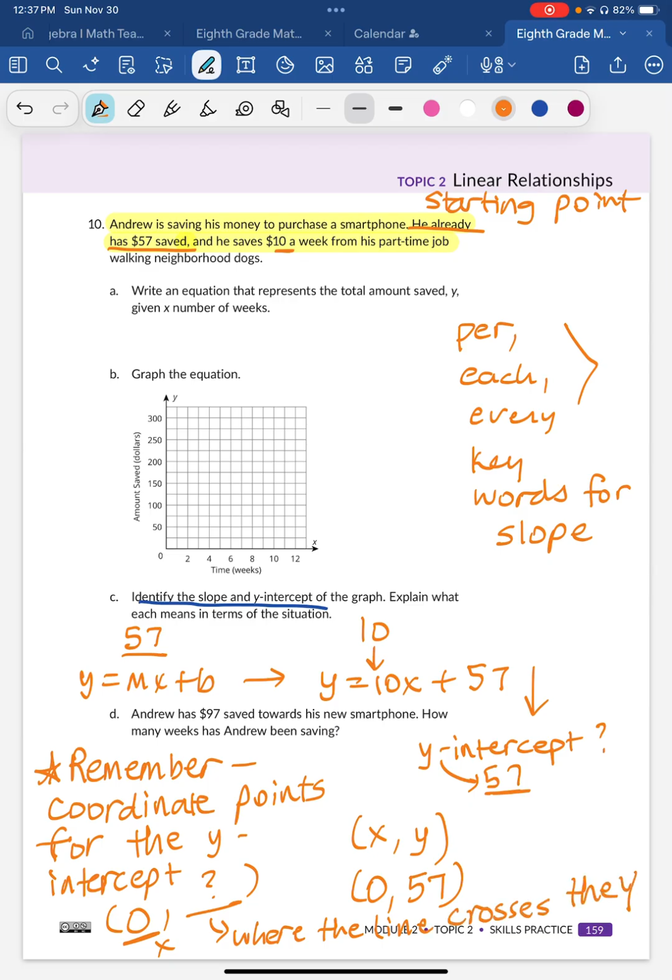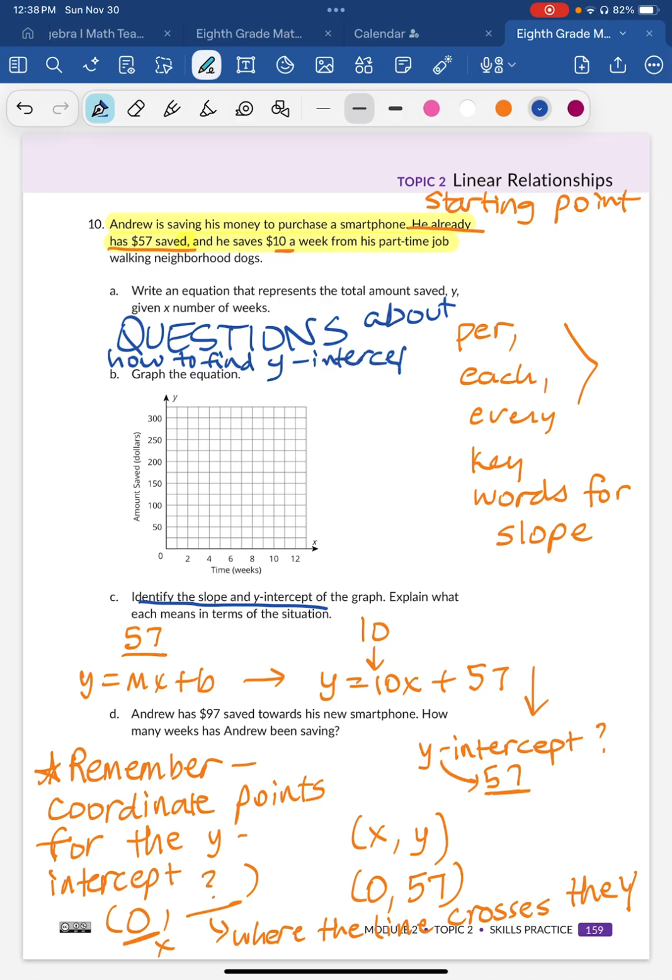Okay, so I just want to go over that one more time. Do you have any questions about how to find slope and y-intercept? You don't have to write this down. I'm just telling you.